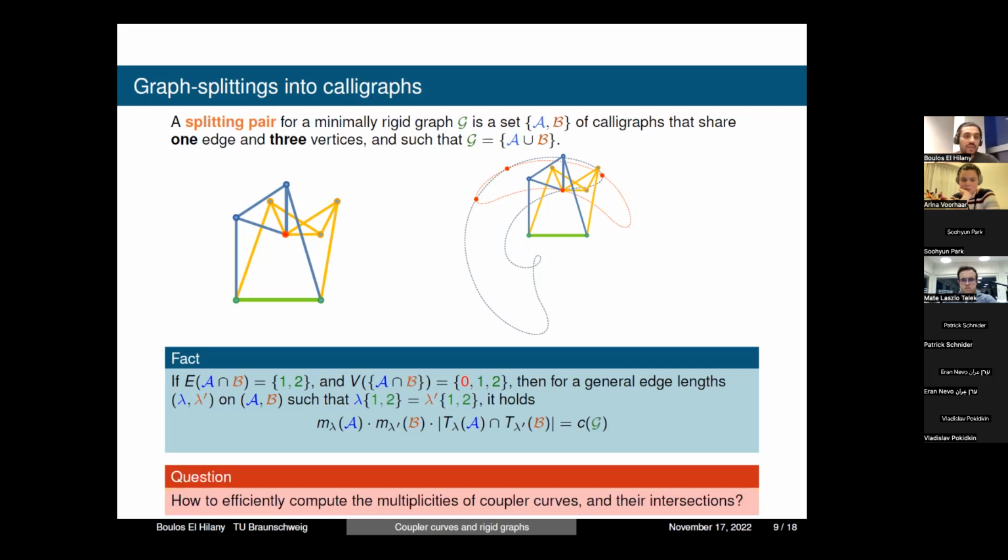Here's the question: how to efficiently compute multiplicities of coupler curves and their intersections. If we have a method to find the number of intersection points, then we have a method to compute the realizations of those nice minimal rigid graphs. And the question is how to find an efficient way to do so.